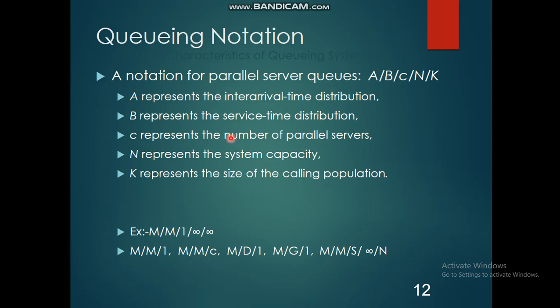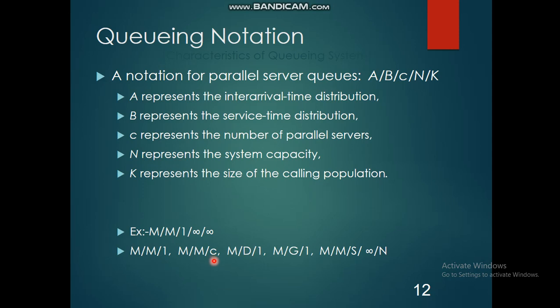If it is more than 1, it represents multiple servers. For example, airline ticket counters or reservation counters have multiple servers. You cannot have only one counter in an airline ticket counter. It should always be more than 1. So that is m/m/C, where the C value can be more than 1.